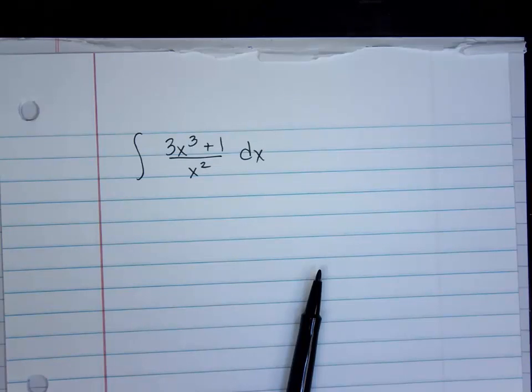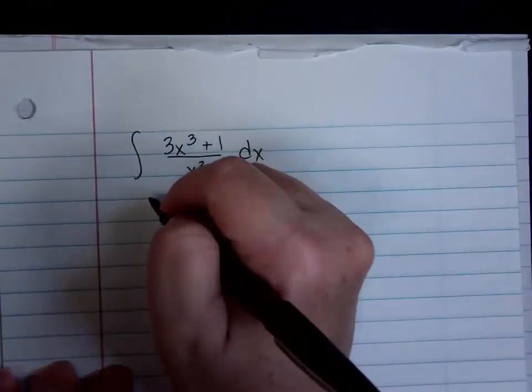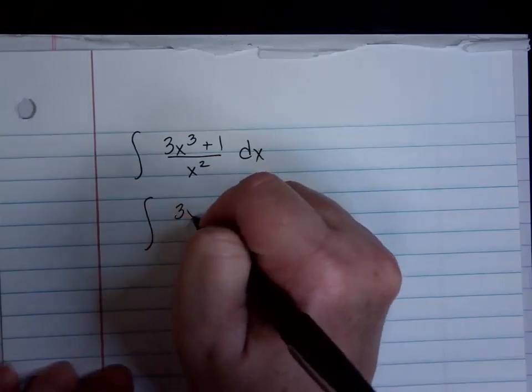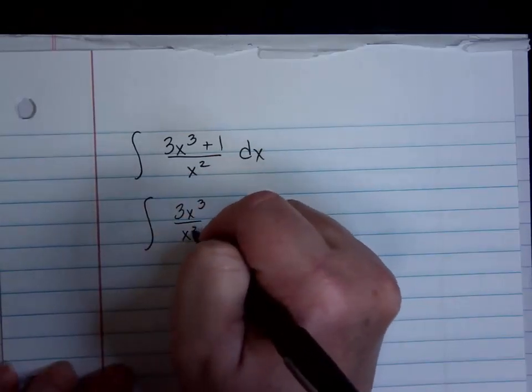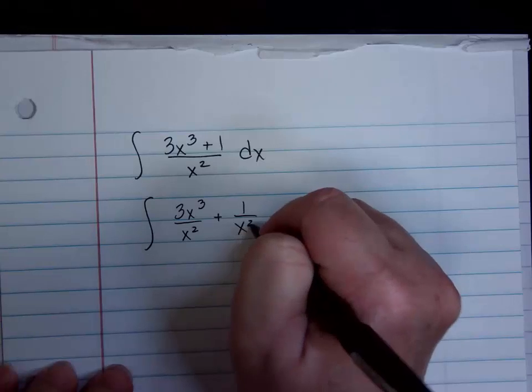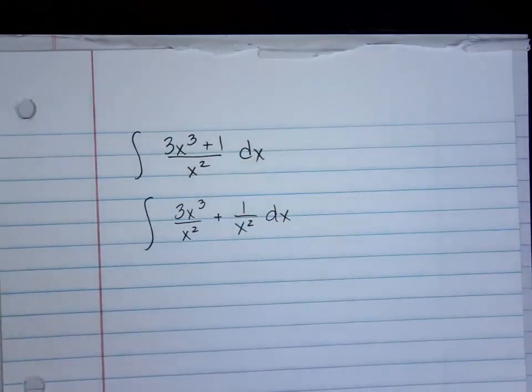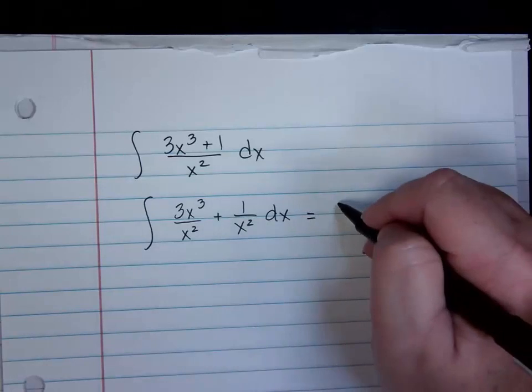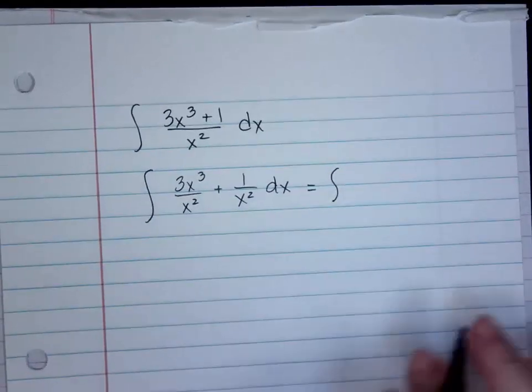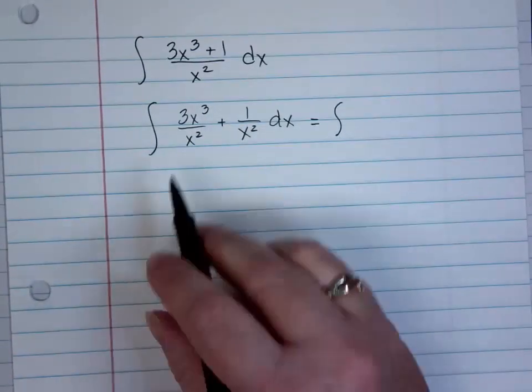So what we do is 3x cubed over x squared plus 1 over x squared. Now we tried this on a different problem, but it didn't work because the bottom was multiple terms. It only works when the bottom's a single term. So what does the first term clean up to be?